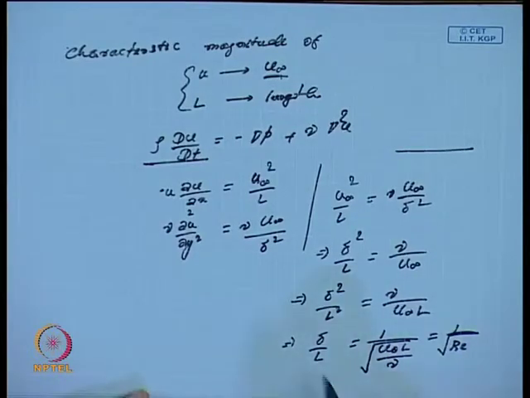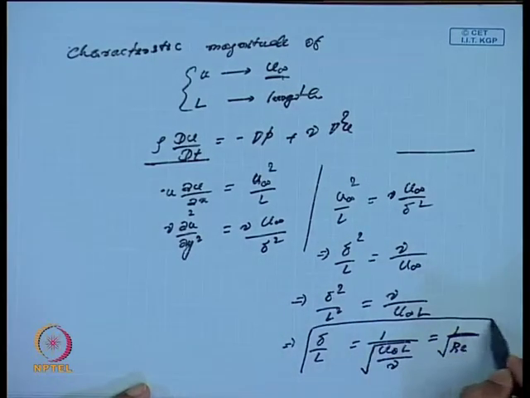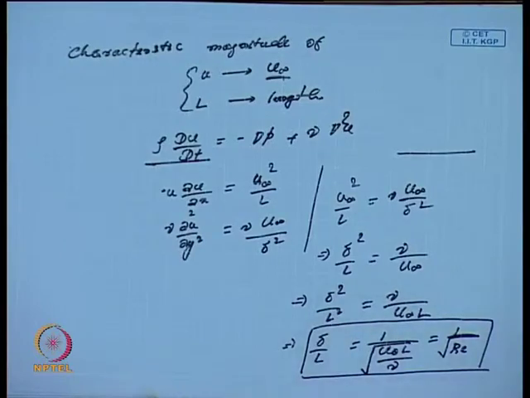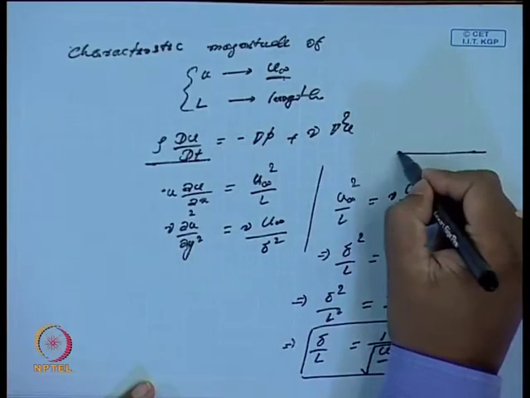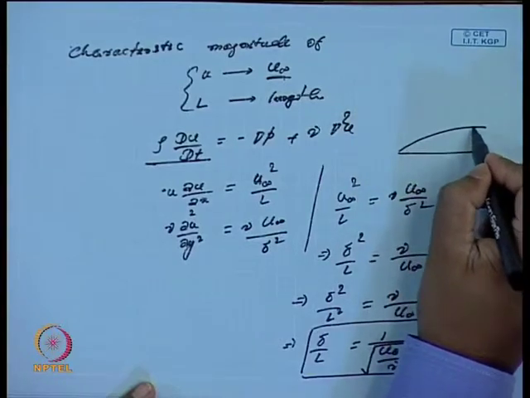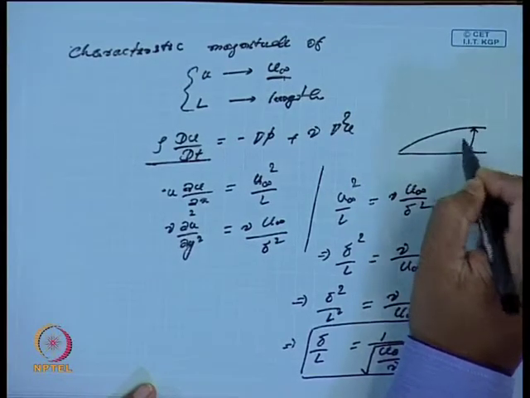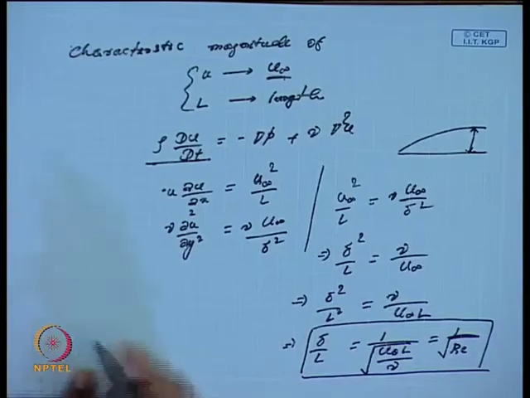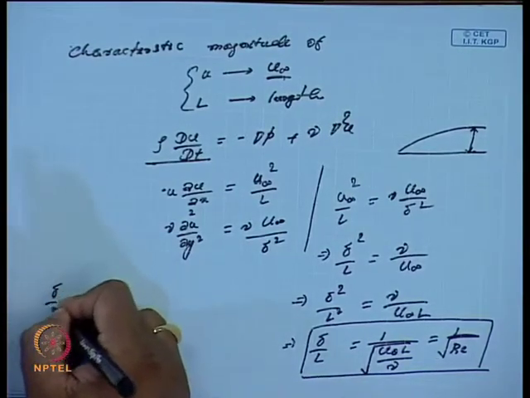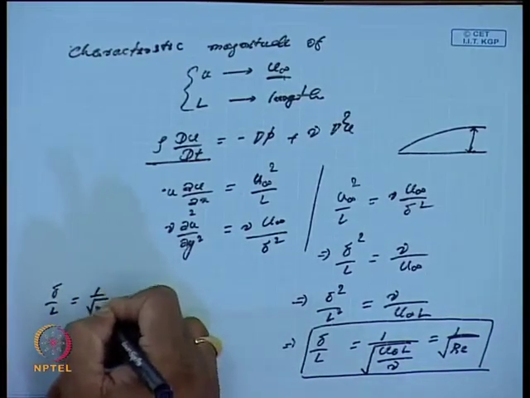So, I can call this 1 by root Re. So, delta by L, where I consider delta as a typical distance along the y axis, the characteristic one, is 1 by root Re.